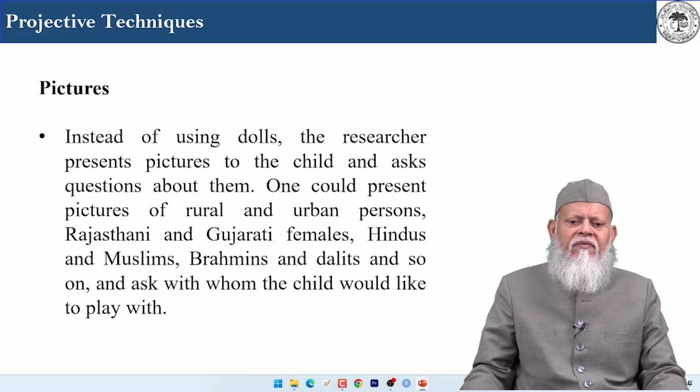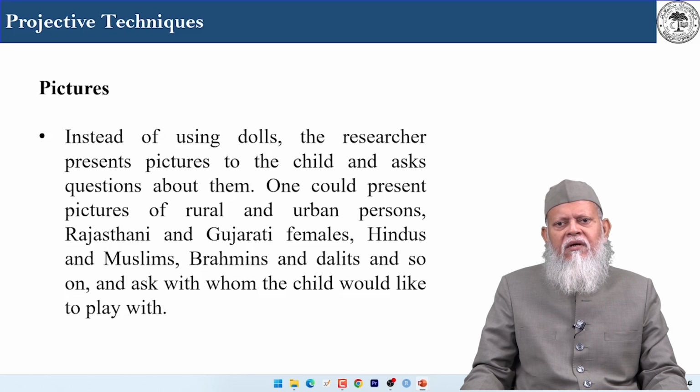So, we can collect data about their thinking, about their perception of, say, Dalits or Brahmins or Hindus or Muslims, about males and females, this way.